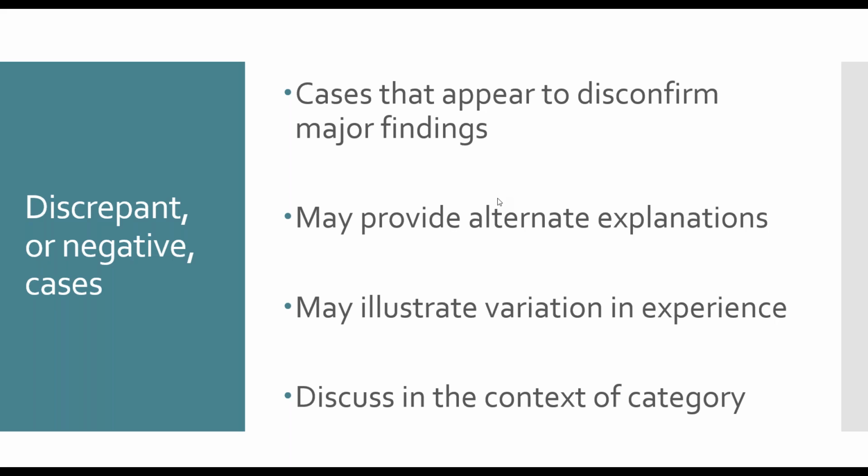But if there are 1 or 2 categories or themes where they don't, then this is where you would talk about them within those specific categories. Okay, but they're important and they're interesting, right? Because they lead to new ideas and new hypotheses to test and new research questions and avenues for future study.